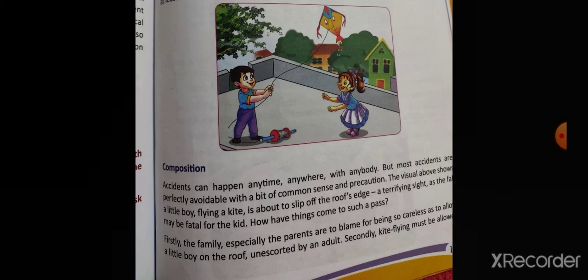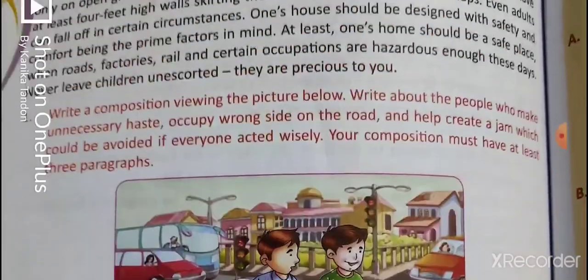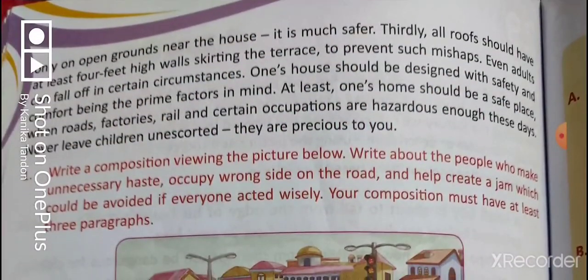Secondly, flying kites must be allowed on open grounds near the house. It's much safer. Thirdly, the roofs should have at least 4 feet high parapet walls on the terrace to prevent such mishaps.